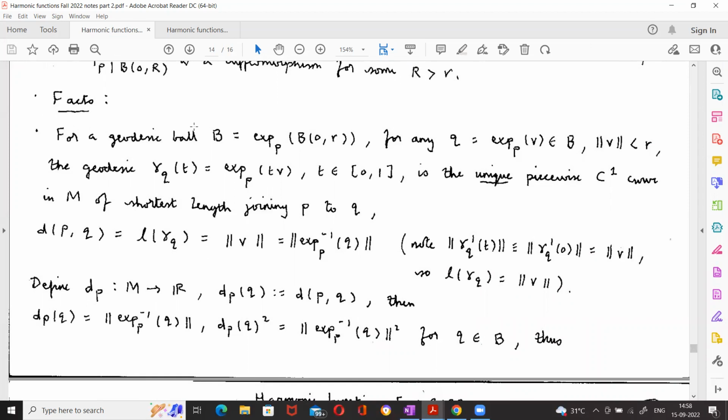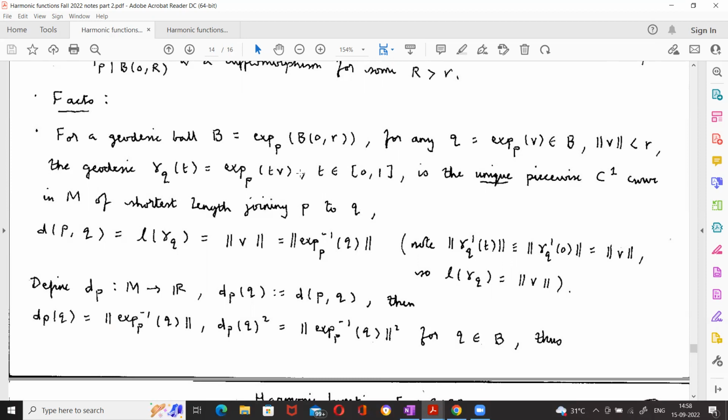If I take a geodesic ball, which is the image of a ball in the tangent space of radius r around the origin, then for any point q in this ball, so q is the image of some vector v of norm less than r under the exponential map, then if I take the geodesic gamma q of t equal to exp p of tv, where t goes from 0 to 1, this will be a curve joining p to q, right?